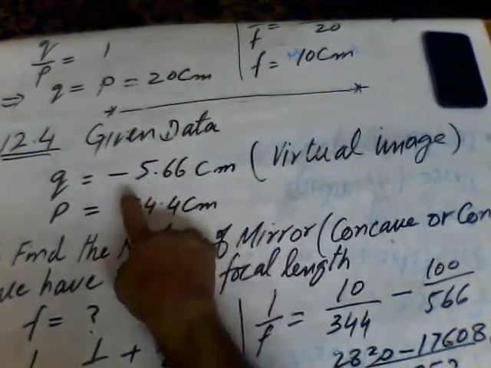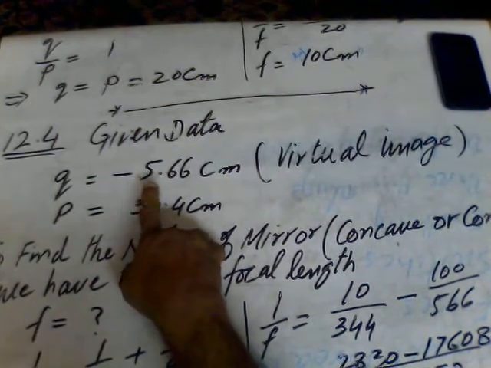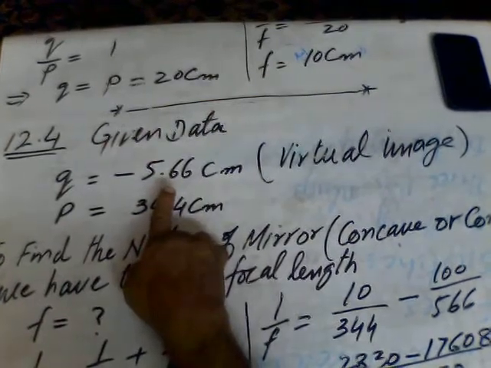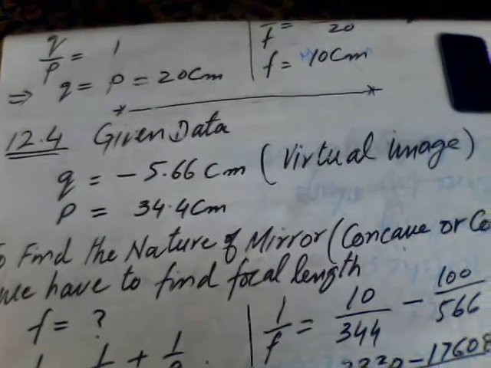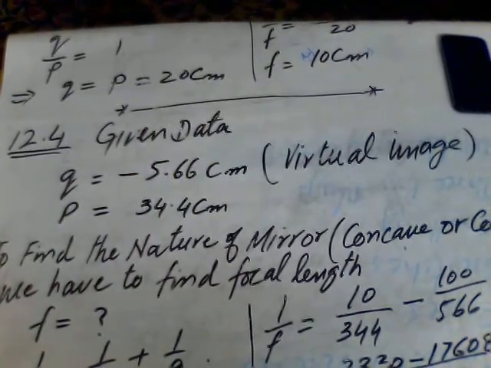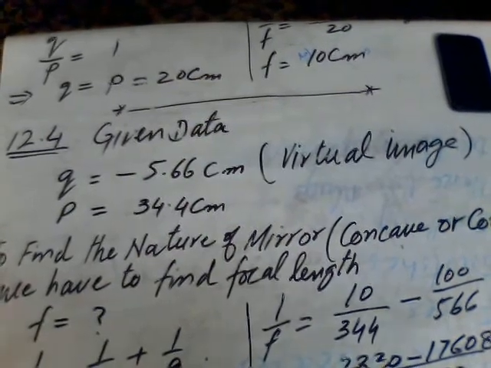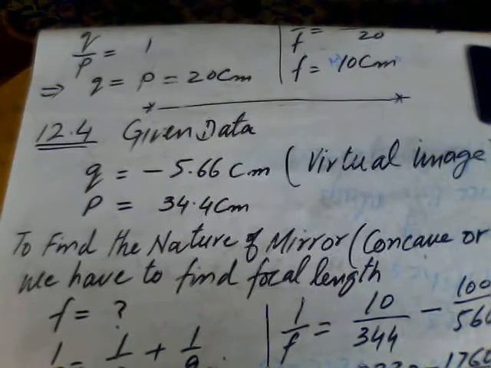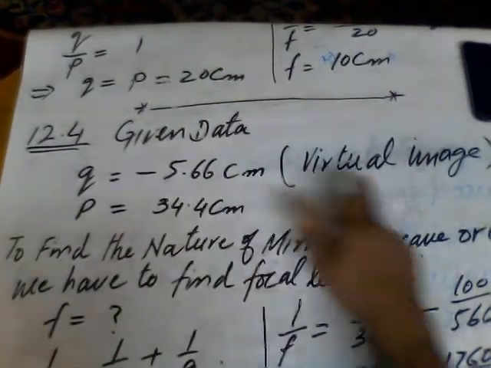It is very clear that when the image is formed behind the mirror, we are using a convex mirror, the diverging mirror. So at the end you will have to write whether the mirror is convex or concave. But from this it is very clear.